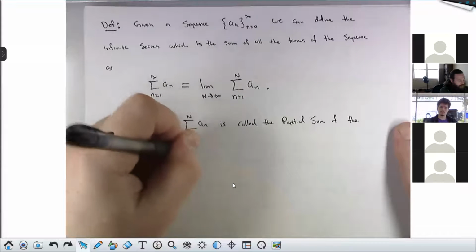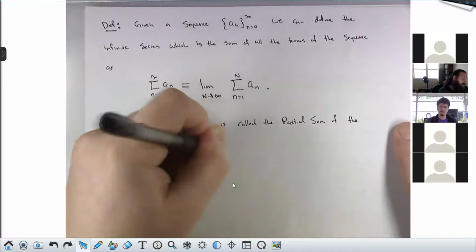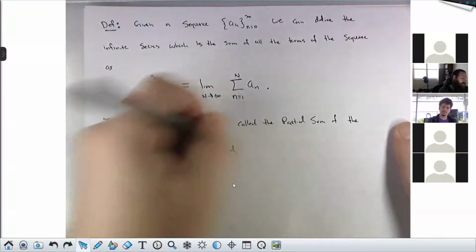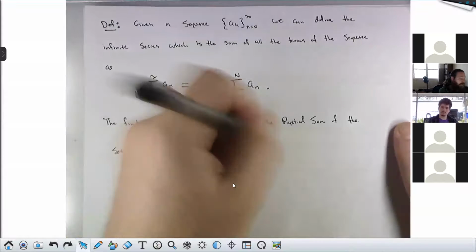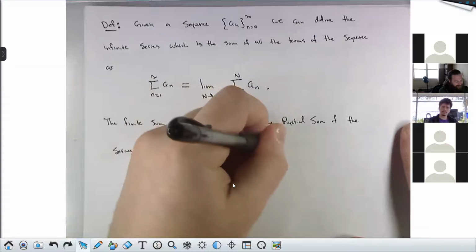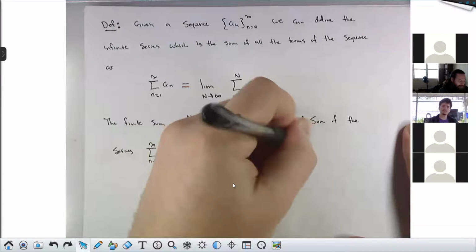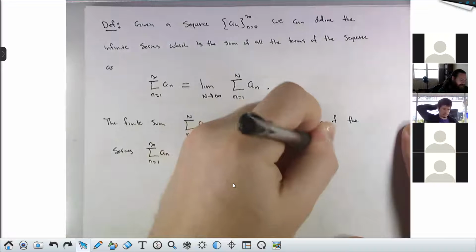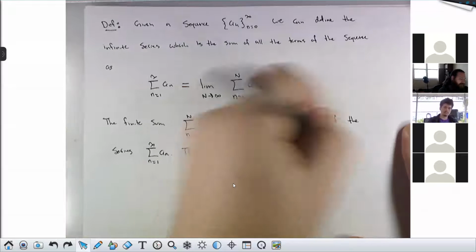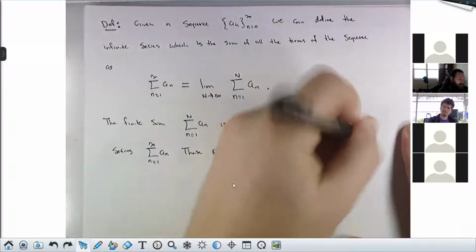These partial sums actually form a sequence. That's what I mean when I say it's a little confusing. Of their own.